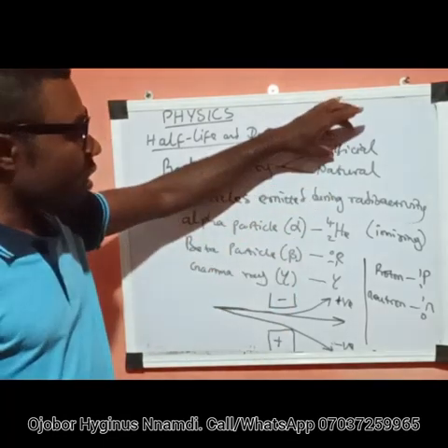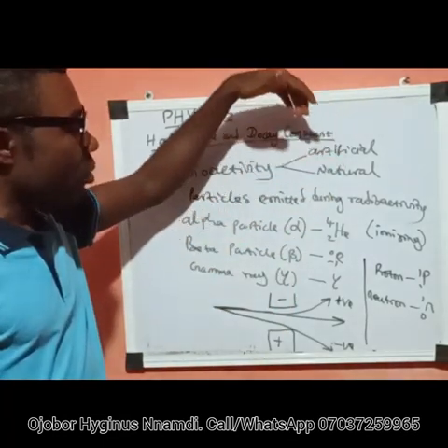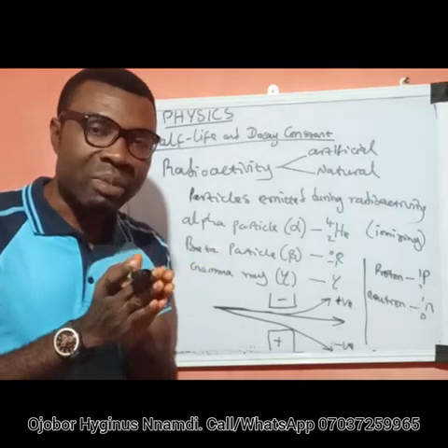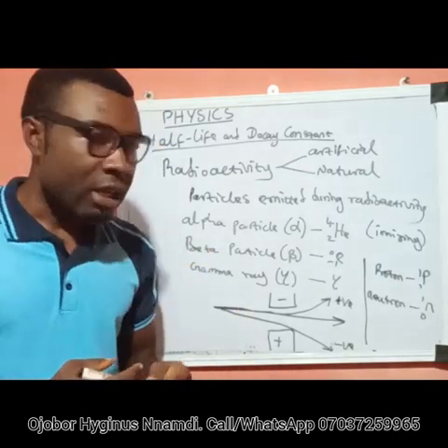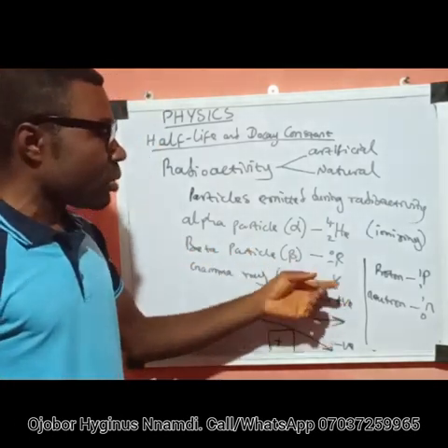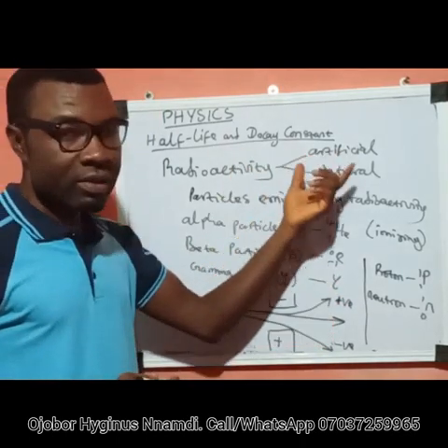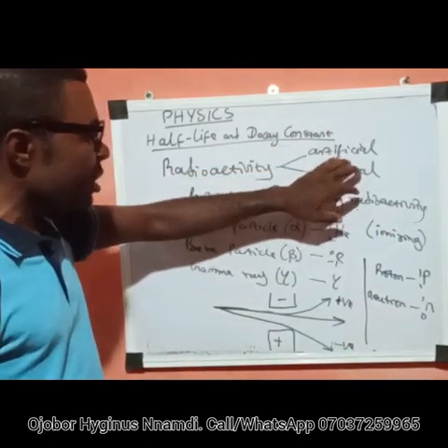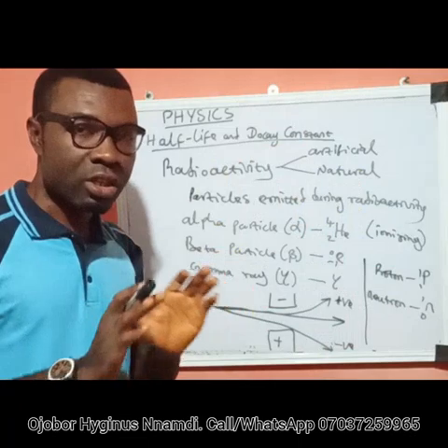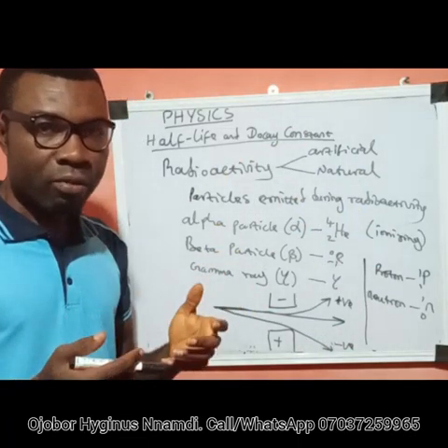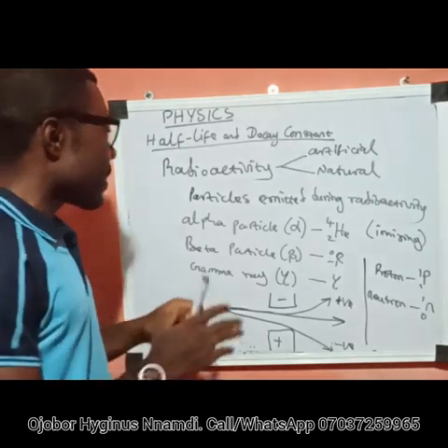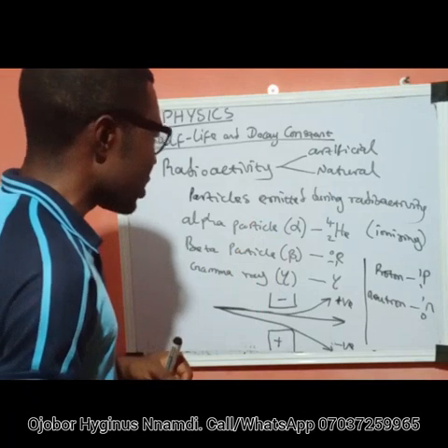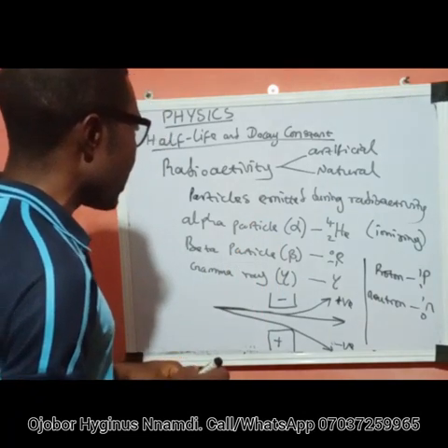In artificial radioactivity, it happens when a non-radioactive element is bombarded with a radioactive particle, so that it becomes radioactive. While natural radioactivity occurs spontaneously, without any external influence or effect. Okay, that is not our interest. Let us look at what we have come to look at, which is half-life and decay constant.